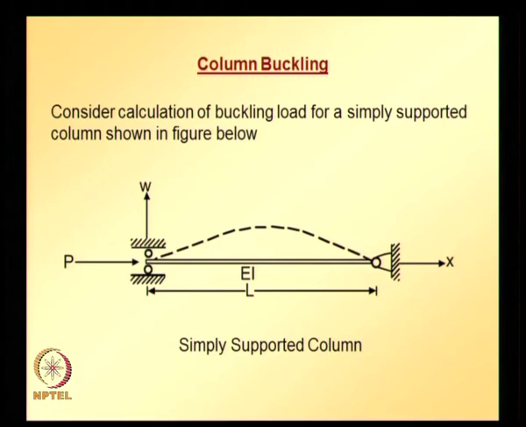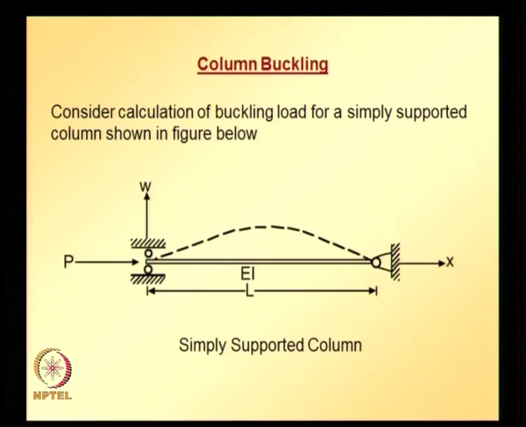We will see if the differential equation for this particular problem can be put into a form similar to the general one dimensional boundary value problem and identify the corresponding variables, and then we can develop the element equations for this particular column buckling problem. Once we decide the discretization, how many elements we want to use, we can get the element equation for each of the elements, assemble the global equations, apply the boundary conditions, and solve the problem.